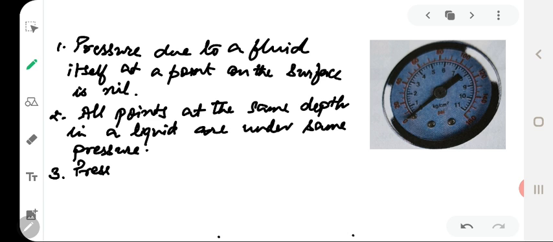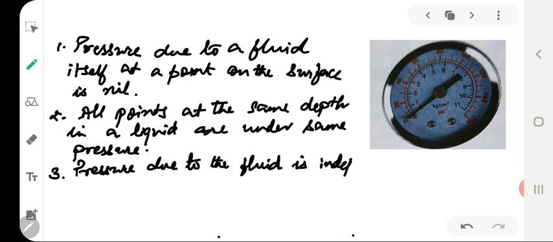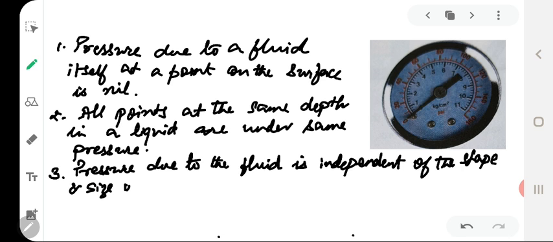Pressure due to the fluid is independent of the shape and size of the vessel in which it is kept.